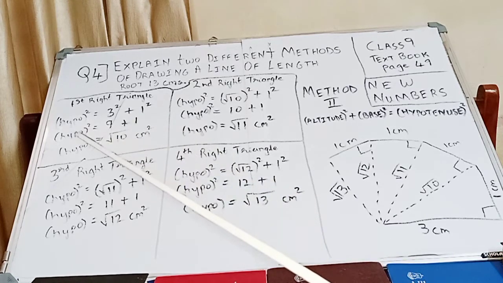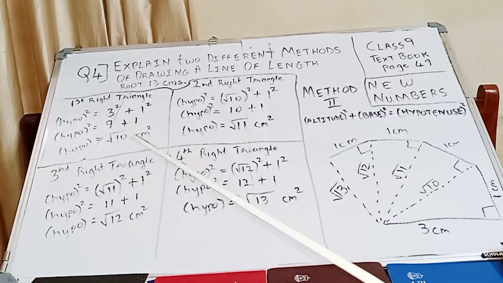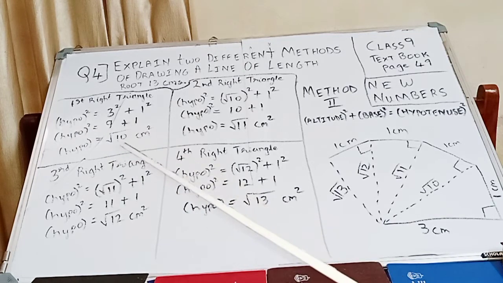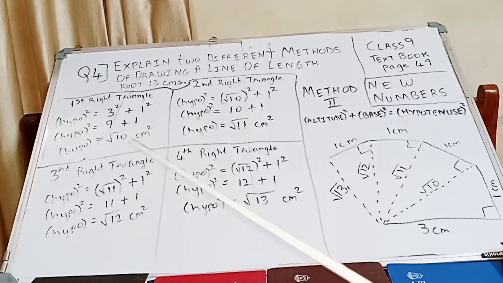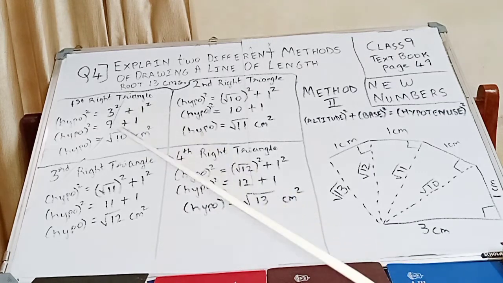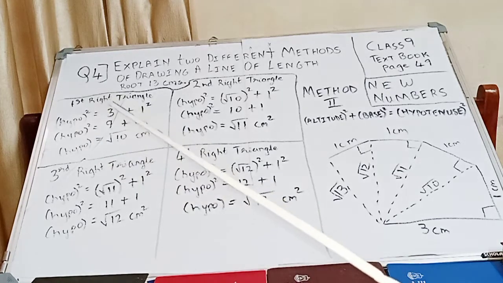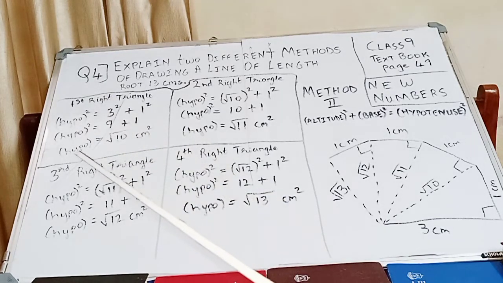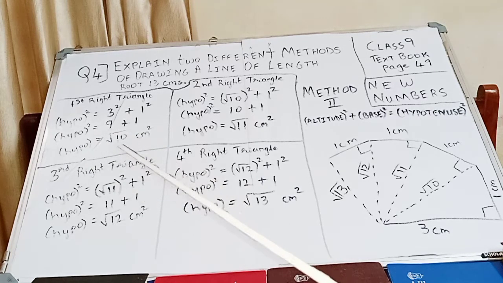This square, when it is taken to the other side of the equal to sign, you get square root. In order to understand how you got this square root, you have to see my previous videos, question number 1, 2, 3. In order to understand the fourth question, you have to see all these 3 videos so that you can understand how this square, when it goes to the opposite side, it becomes square root.